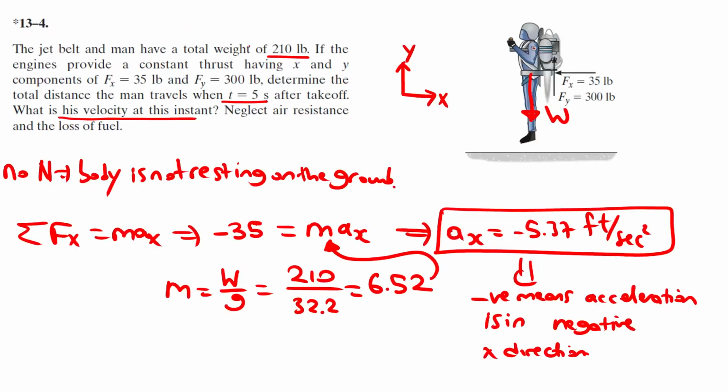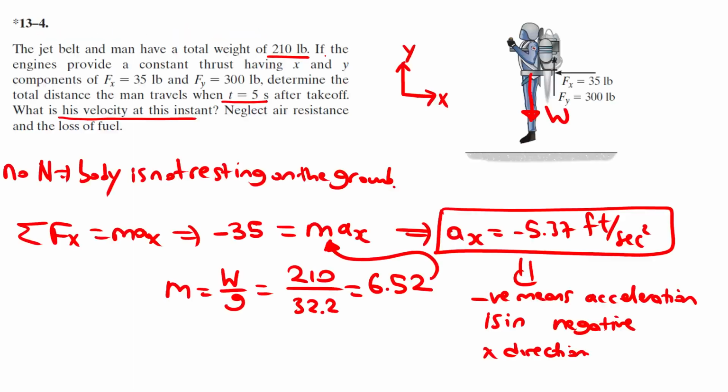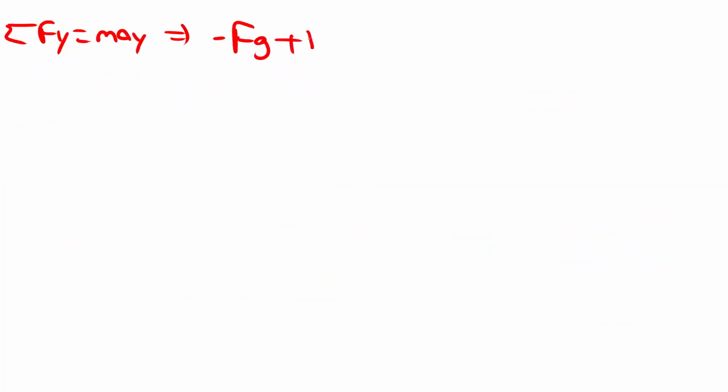Then comes the forces in the y direction. So it will be m a_y, and we have the weight of the body, which is 200 lb. Let me write the forces first: Fg, which is negative, downwards, or weight, plus Fy, and that will be equal to m a_y.